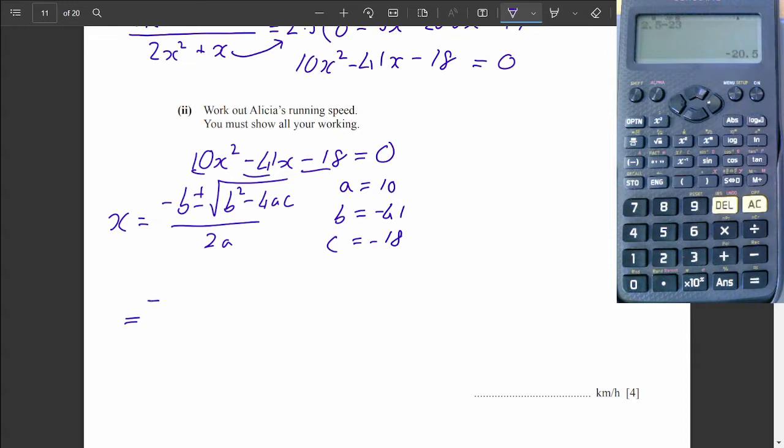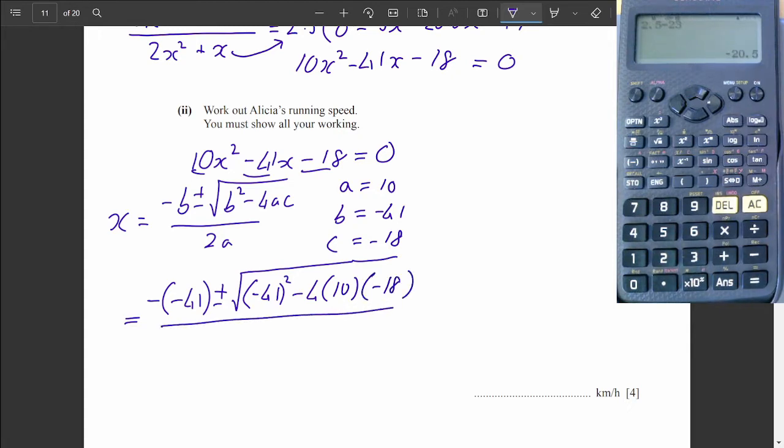So let's start with the formula. There's negative b, b is negative 41, plus or minus square root, in brackets, negative 41 squared, minus 4a, a is 10, and c is negative 18, over 2a, a is 10. Remember now we're going to get two answers here.